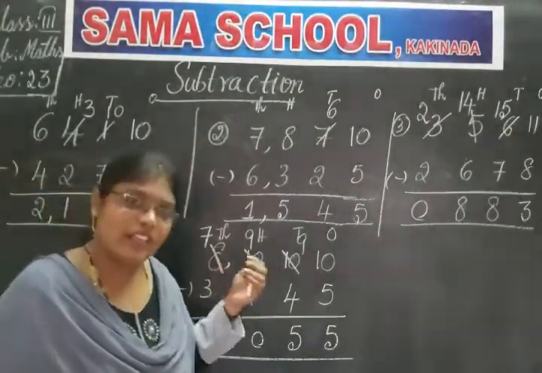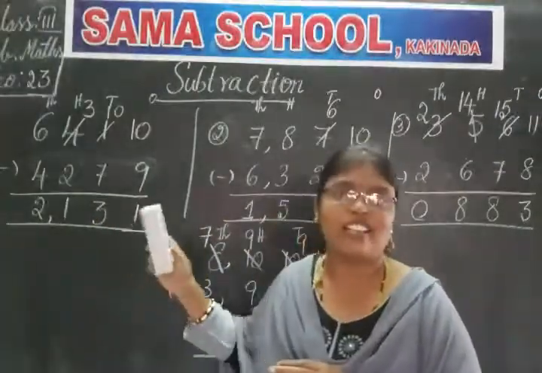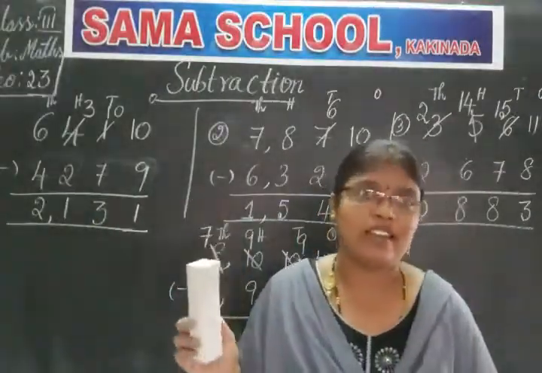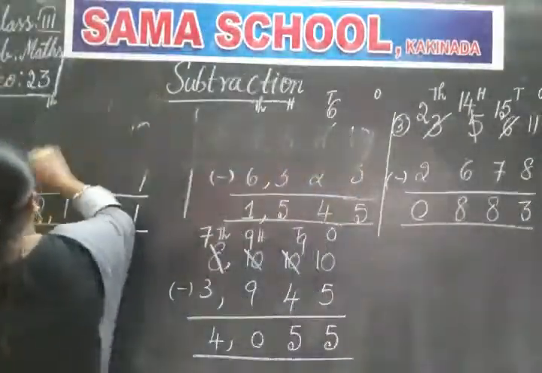So children, till now we have done the subtractions of borrowing and the sums were already arranged, and we have subtracted. Now let us see this type of sums.